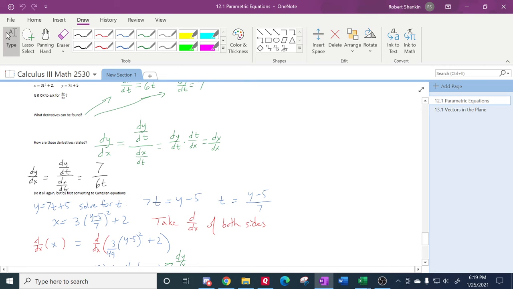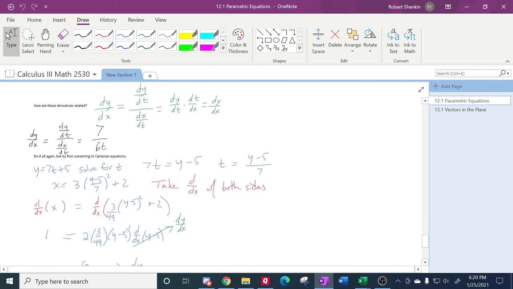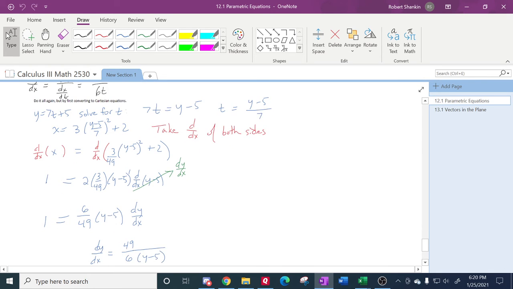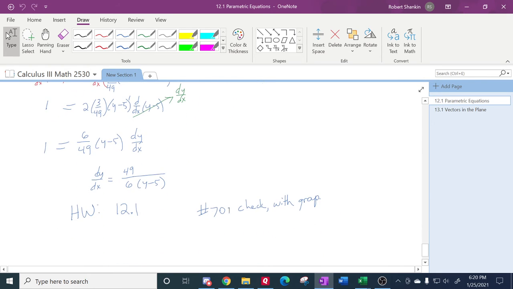That was the easier one. We substitute this in for t into the more complicated equation. And then we took the derivative of both sides with d dx, kind of using implicit differentiation, and we get this one over here, 49 over 6 times y minus 5.